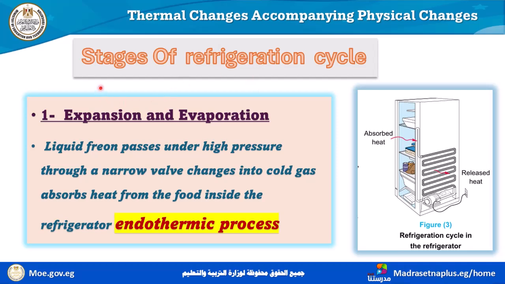Here are the stages of the refrigeration cycle. We will start with the first stage, which is expansion and evaporation. The liquid Freon passes under high pressure through the narrow valves, changes into cold gas, and absorbs heat from the food inside the refrigerator, which is an endothermic process.